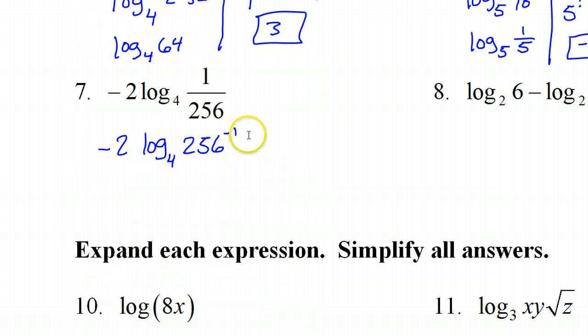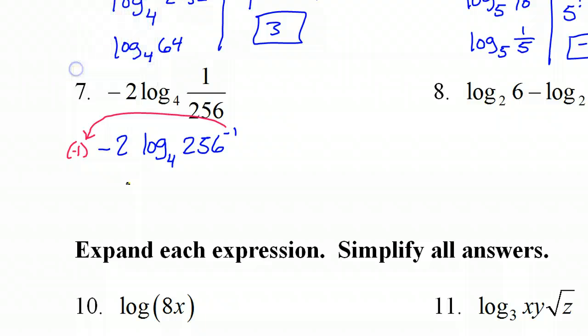I feel like it would benefit me right now if I took that negative 1 and bloop, put it out front. So I'm going to take this negative 1 and put it out here. Now please understand, if I do that, then I'm going to have negative 1 times negative 2. That's going to make this a positive 2.